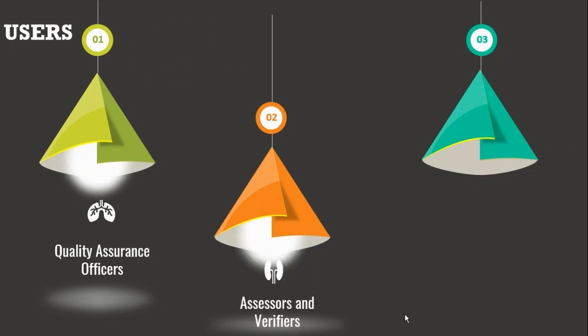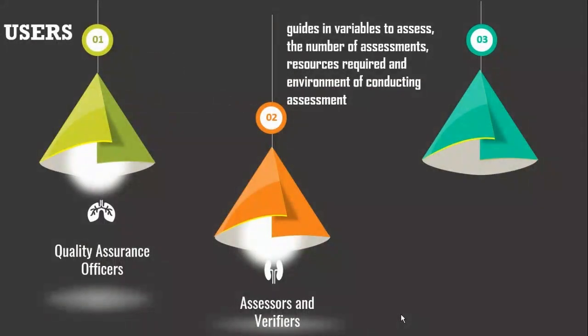The other users of this document are assessors and verifiers. Basically, they use this tool to guide different variables to assess: the number of assessments, resources that are required, and environment. And we did talk about all these aspects.